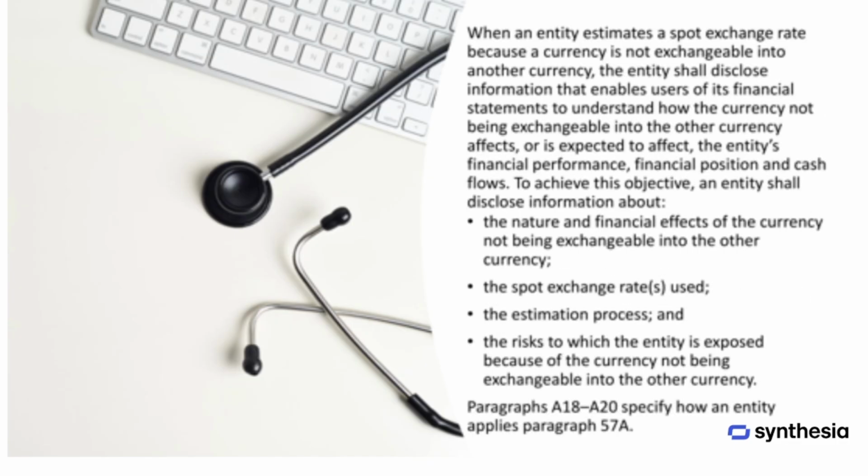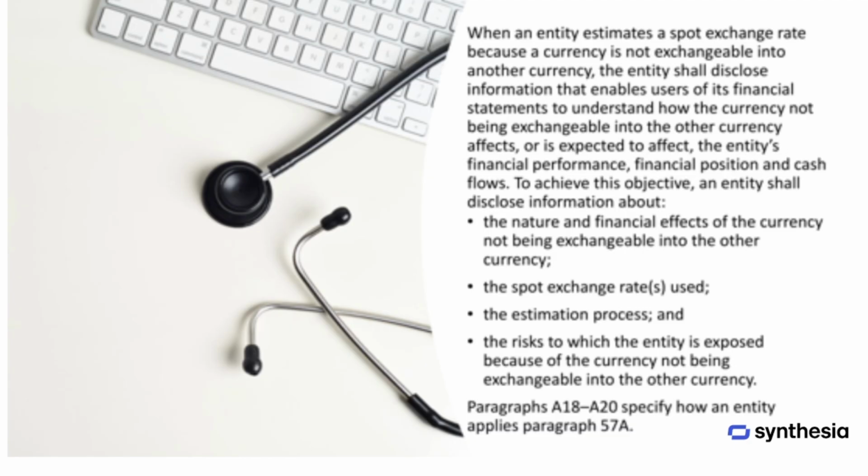When an entity has to estimate a spot exchange rate because its currency cannot be exchanged into another currency, it must provide clear disclosures. These disclosures help users of the financial statements understand how the currency not being exchangeable affects or may affect the entity's financial performance, financial position, and cash flows.